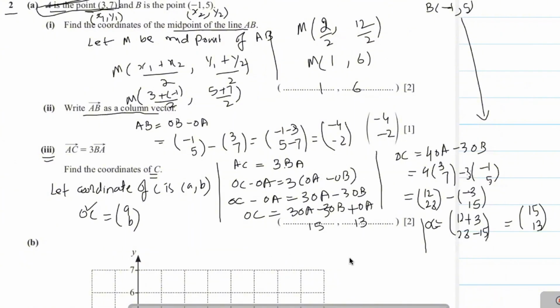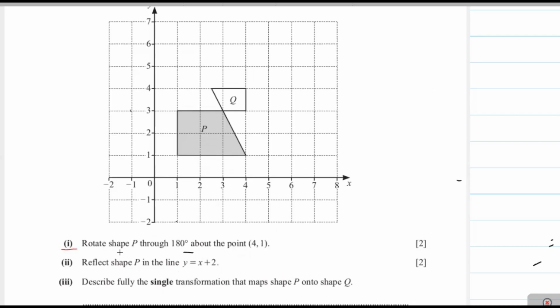This is the answer. Part first of part B, rotate shape P through 180 degrees about point (4, 1). This is the point (4, 1). This is the shape P, and these are the endpoints of shape P. We name them R, A, B, and C. Now we will rotate the shape P. Firstly, we will rotate this line AR through 180.